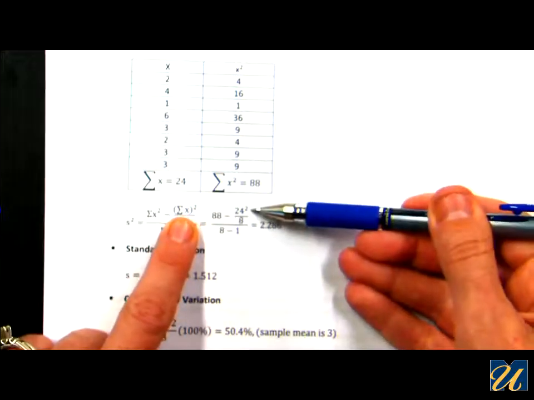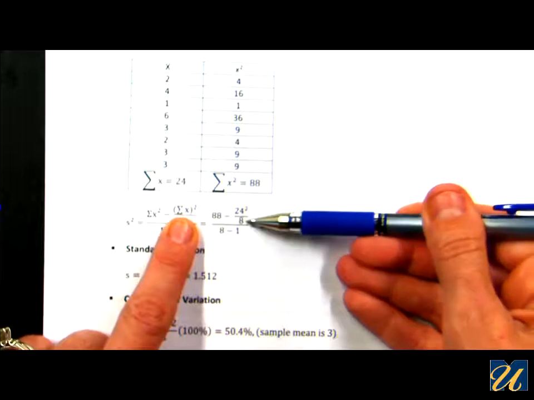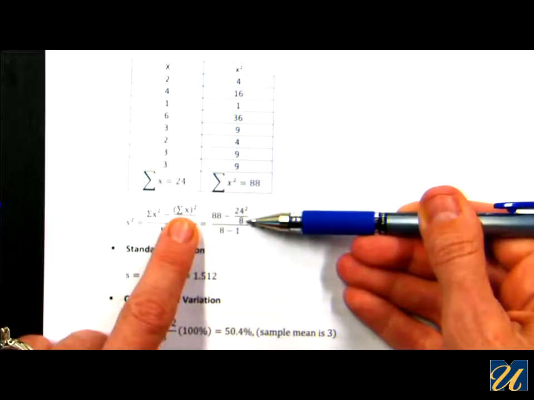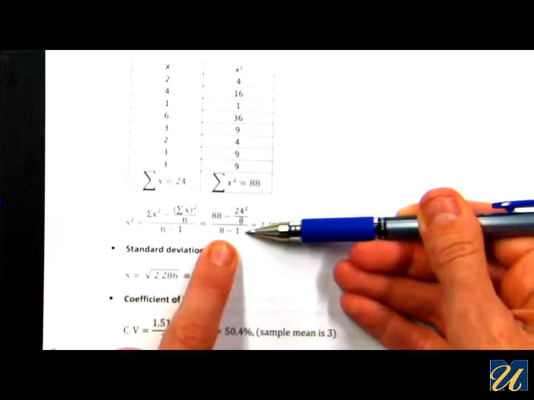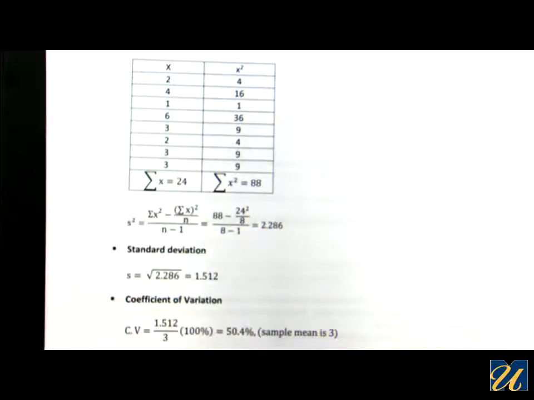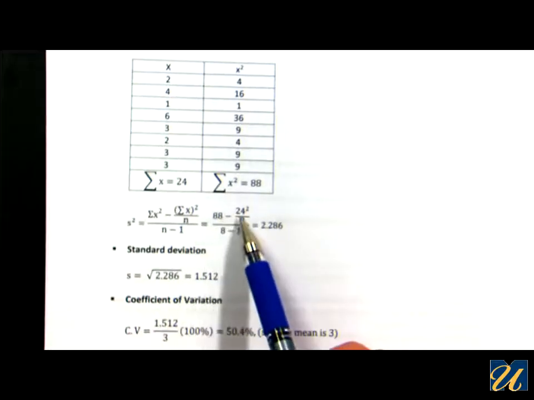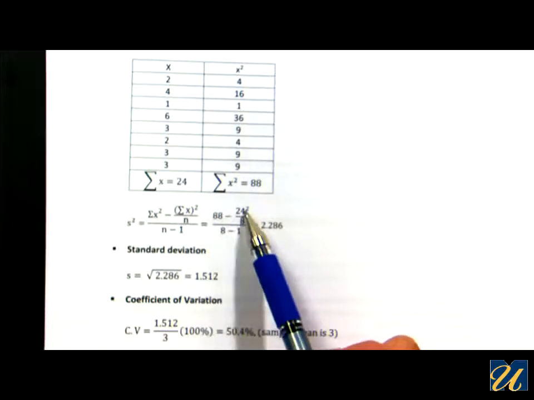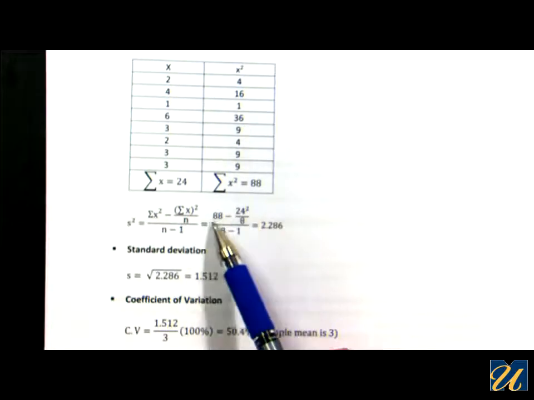Don't forget to square it, 24 squared, over the sample size, and all of that over n minus 1, 8 minus 1 in this case, which is 7, and we should find 2.286. Be careful with the order of operations here. Calculate your square, divide it by 8, subtract from 88, and then divide by 7. Make sure you do not make calculation errors.